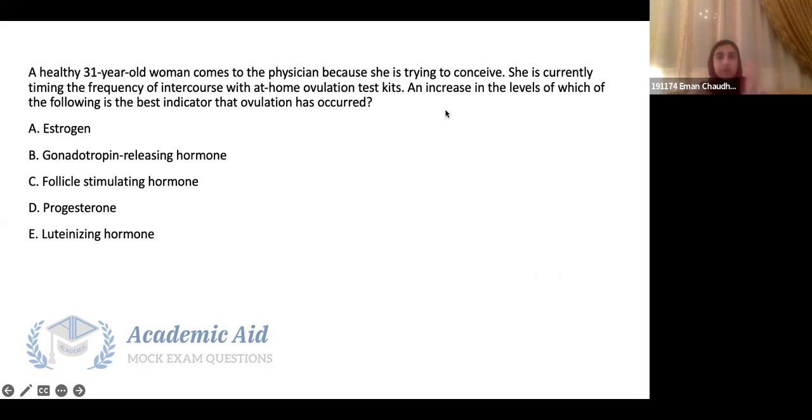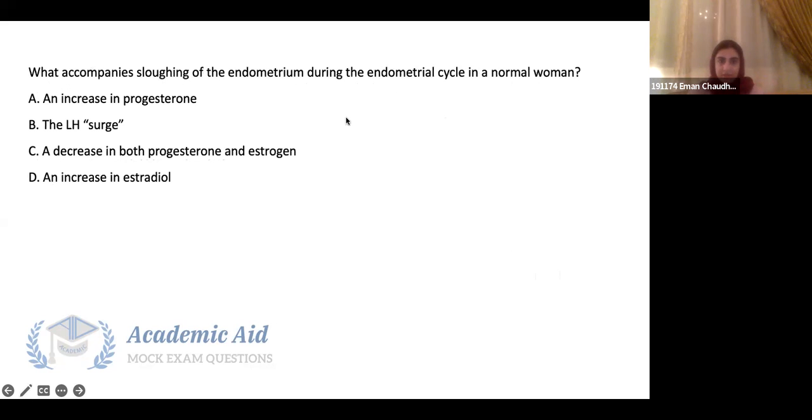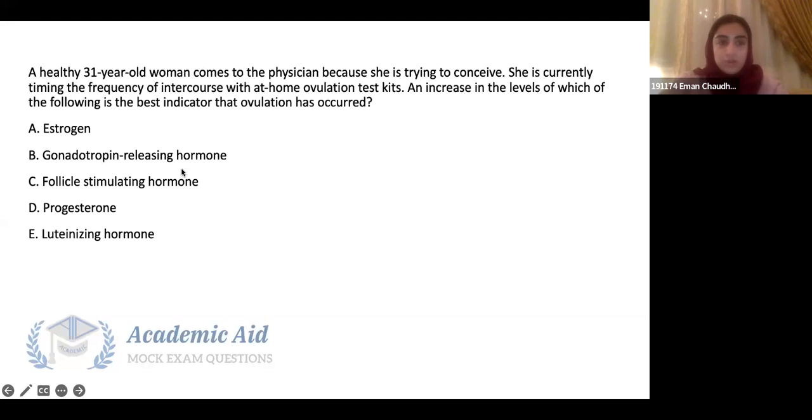You want your FSH to be there, you want it to be the main thing working, but you don't want so much of it that you have 10 follicles forming at the same time, you know what I mean? Because you do want to have one dominant follicle at the end. Now, you guys are not going to learn this now. Okay, last question. I'm going to tell you what I was about to tell you. So you guys were right about this. Ovulation has occurred, progesterone is high, because that means that ovulation has occurred, so now you're in your luteal phase. Luteal phase means you're making progesterone, okay?